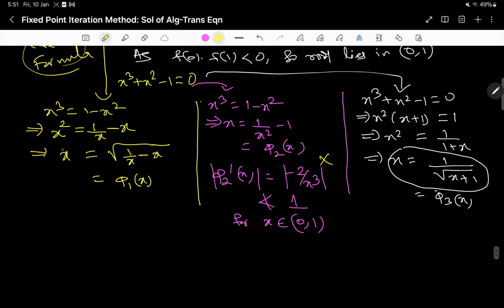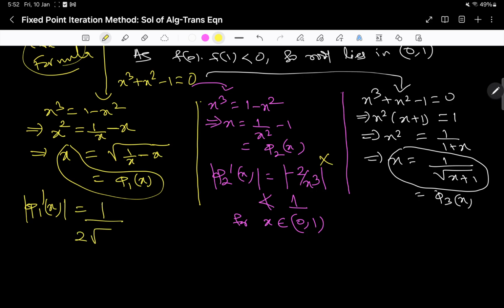Now you see, if I take this formula, what is the modulus of phi 1 dash x? If I find the derivative, root over of x gives 1 by 2 root x, so 1 by 2 root over of 1 by x minus x.